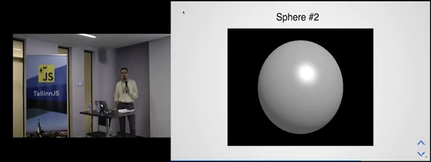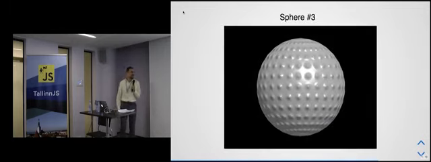Let's make some effort and make something more interesting. Here you can see bumps on the sphere. This technique is named bump mapping.